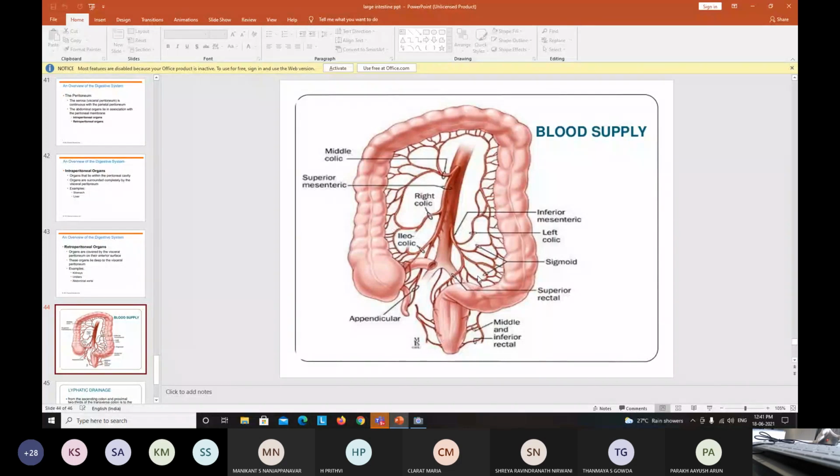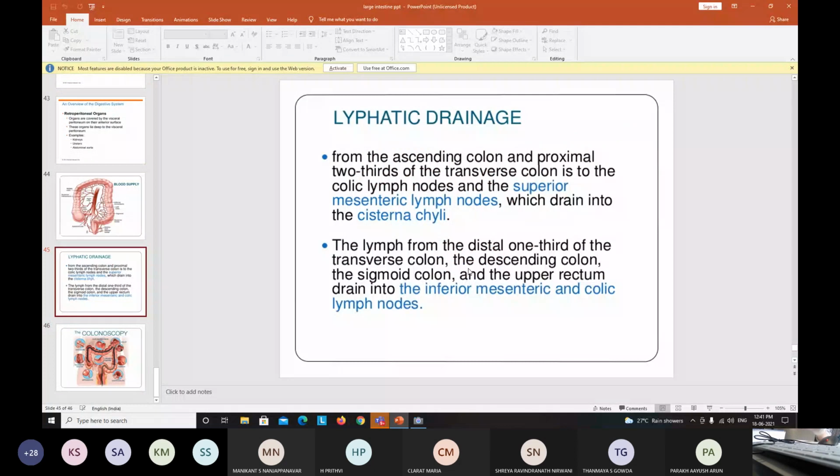Okay. Now, what is the lymphatic drainage? Again the same: superior mesenteric lymph nodes are major, which drain into the cisterna chyli. Then one more important is inferior mesenteric and colic lymph nodes.